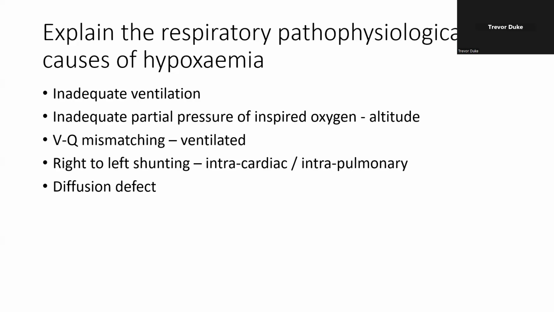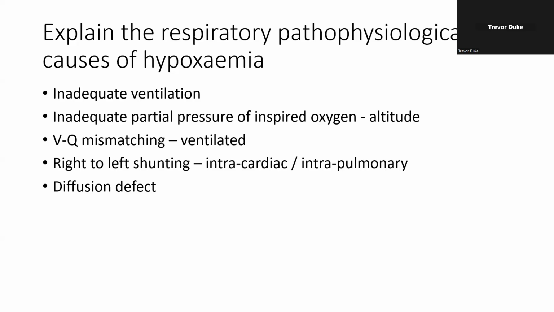In a similar way, sometimes if there's complete occlusion of the alveoli with inflammatory cells or with pulmonary edema fluid, then there will be right to left shunting. So the blood will flow through the lung from the pulmonary artery to the pulmonary veins without being oxygenated at all.